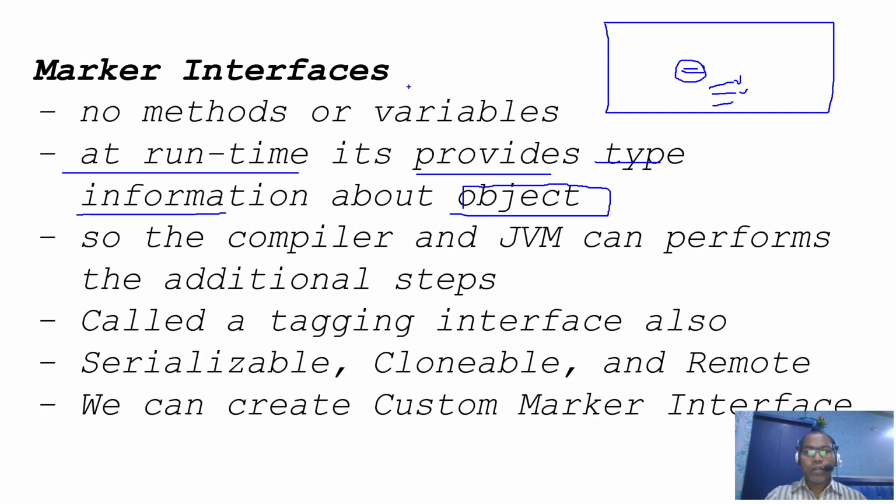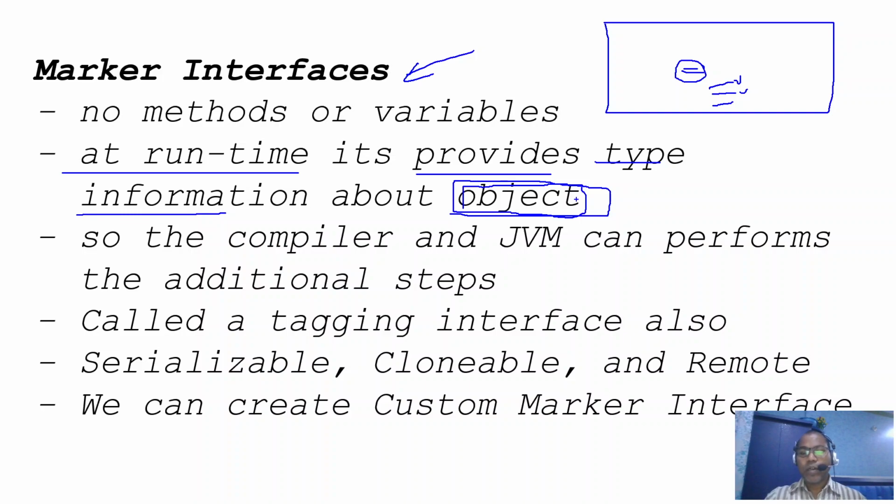So a marker interface is just an indication to your runtime system, so the runtime system can perform some additional steps, additional checks, additional validation. If your runtime object does not have a marker interface, that means it is doing the regular routines.